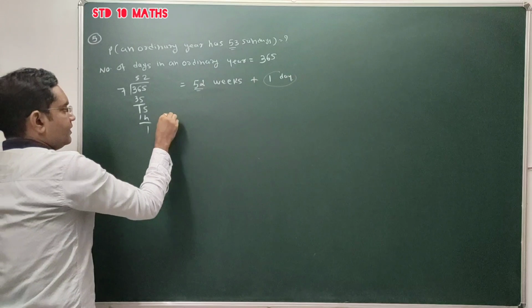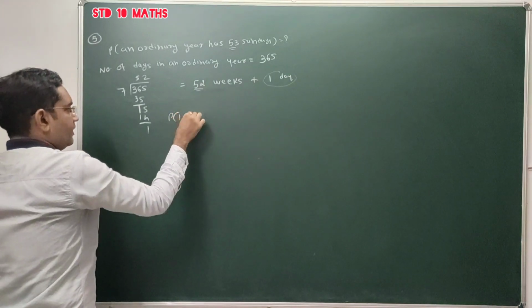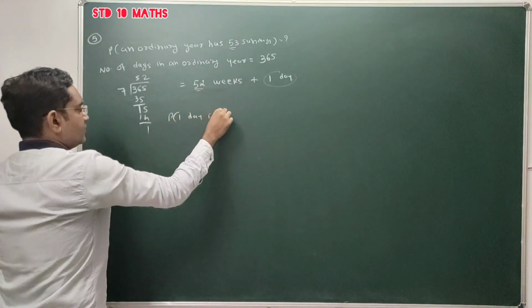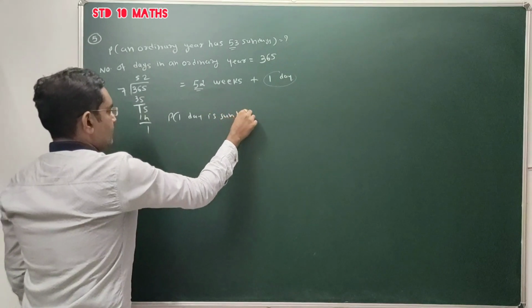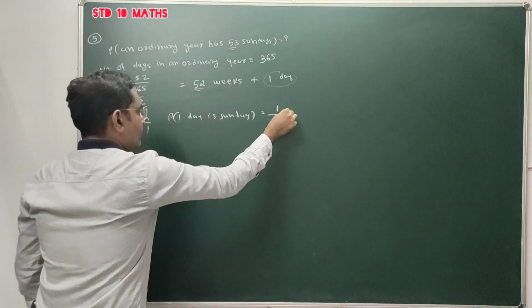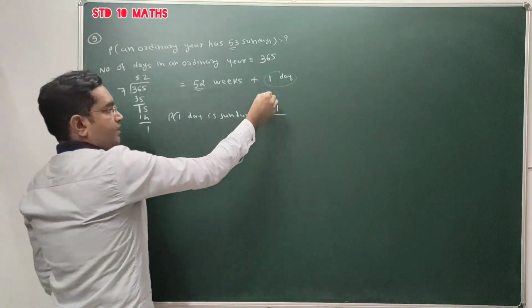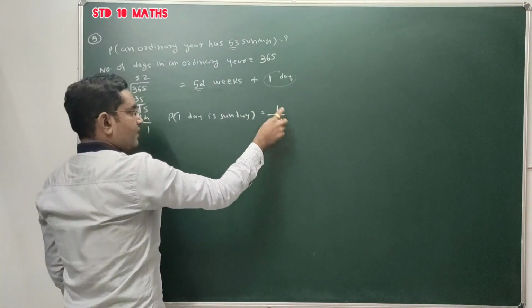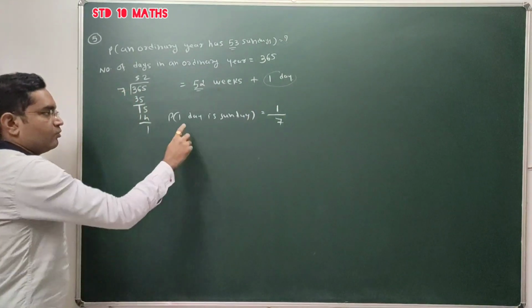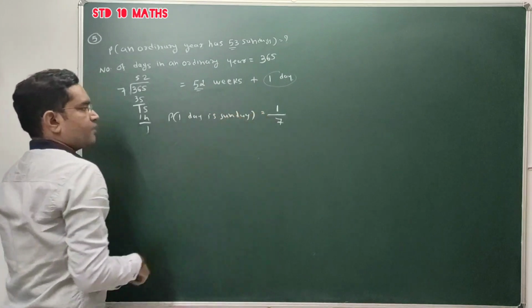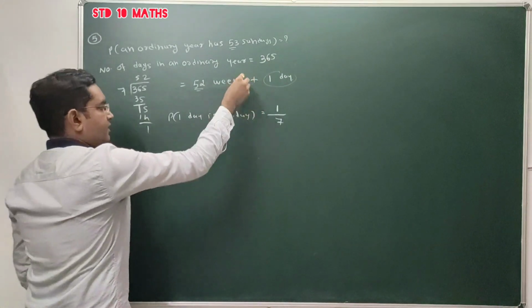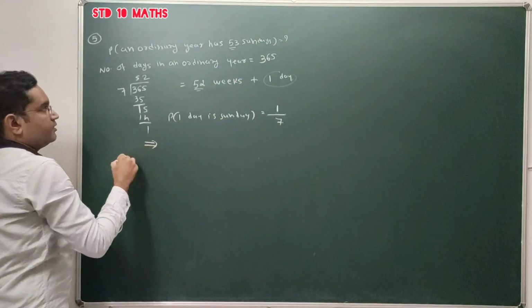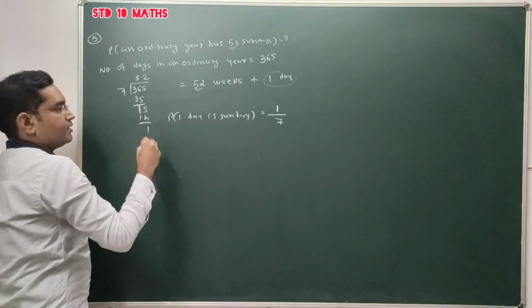Done. So probability that the remaining one day is Sunday is one favorable out of a total number of days, which is 7. So out of those 7 days, that remaining day is Sunday. So the probability that this one day is Sunday is 1 by 7. If this one day is Sunday, it implies that an ordinary year has 53 Sundays.